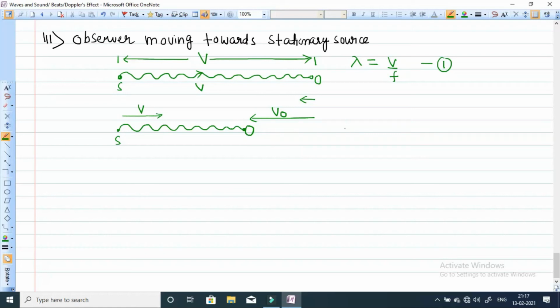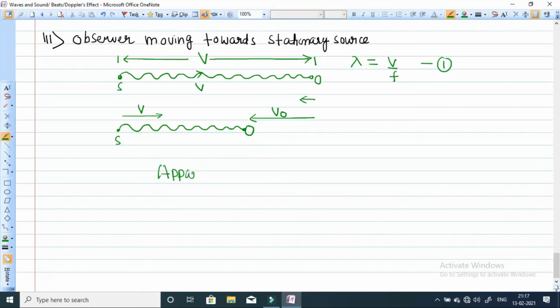Now in this case, we can easily calculate what will be the new frequency. The new speed will be equal to V plus V naught, because we are dealing with the speed of the wave and the speed of the observer.